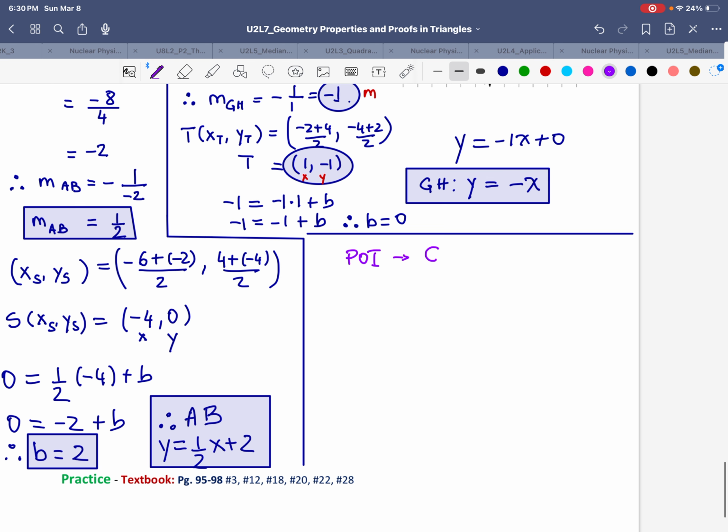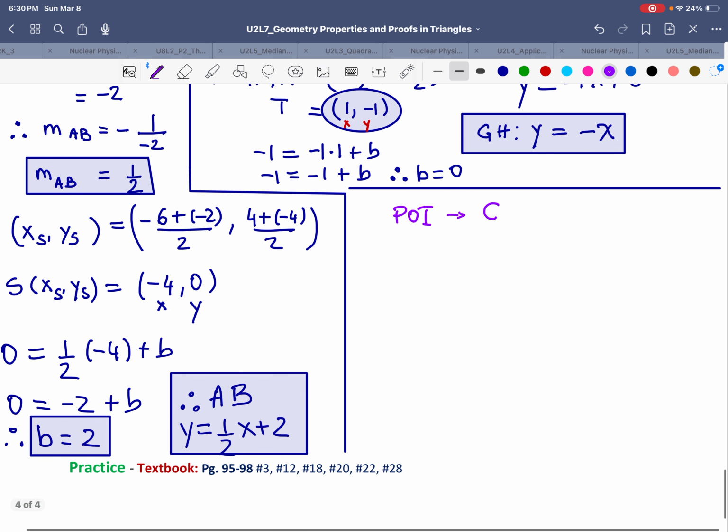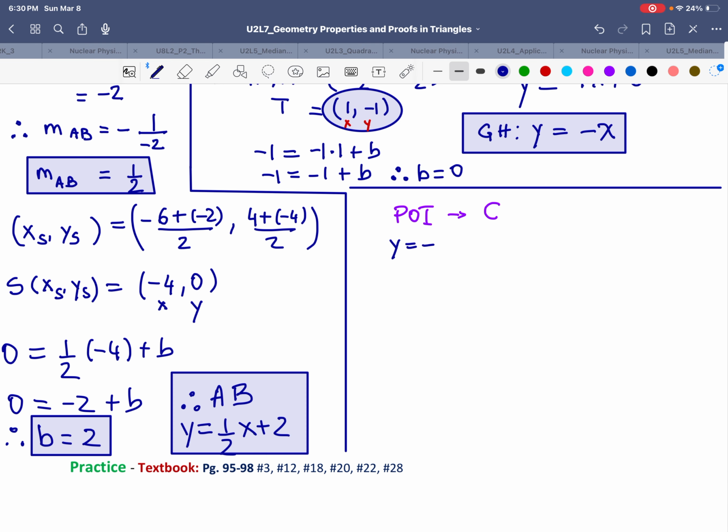We are going to solve the system of equations: y equals -x and y equals half of x plus 2. Let's put them together. I would use substitution here because it's super easy. We have y already solved for in terms of x, so instead of this y, I'm going to put this y in here, and write -x equals 1/2 of x plus 2.